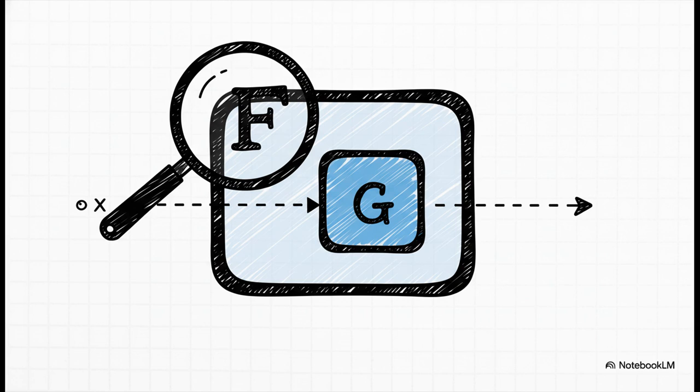The trick is to think about the order of operations. Just like our assembly line, what is the very first thing that happens to x? Well, it has 2 subtracted from it. That's your inside machine. g of x equals x minus 2. Okay, now what happens to that entire result? The whole thing has a square root taken of it. That's your outside machine. f of x equals root x. And just like that, we've reverse engineered the line.